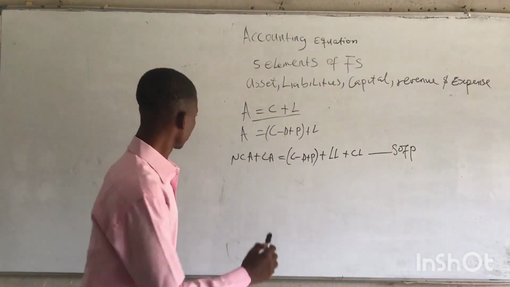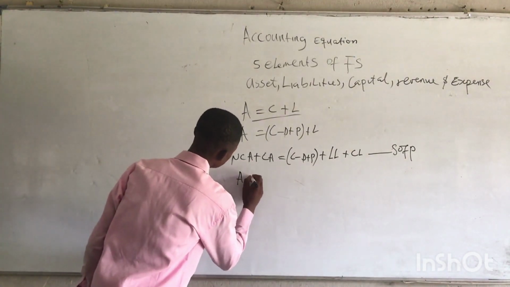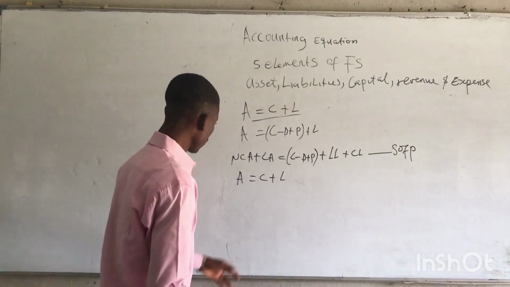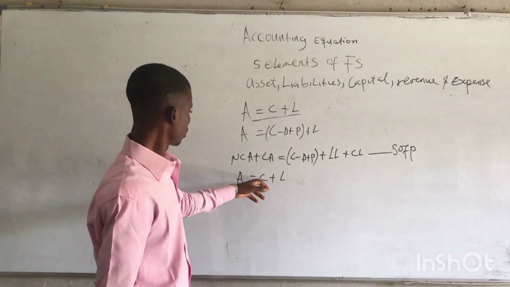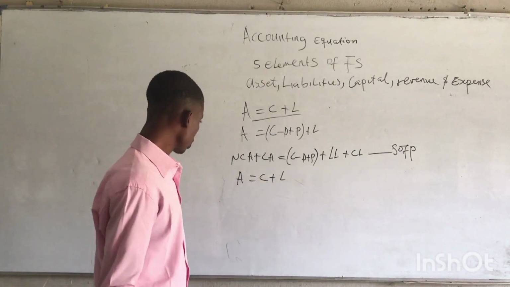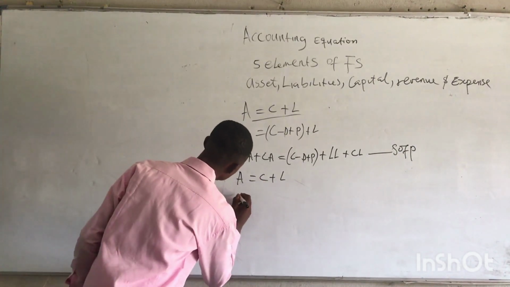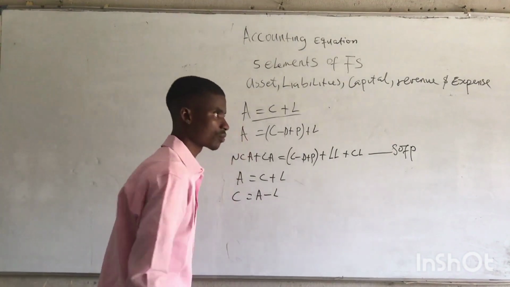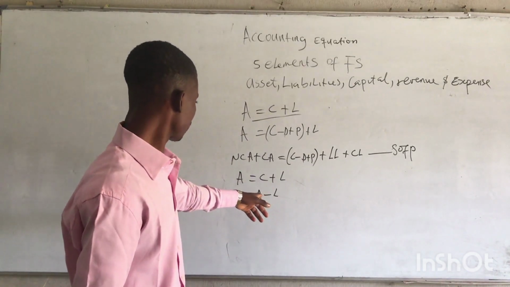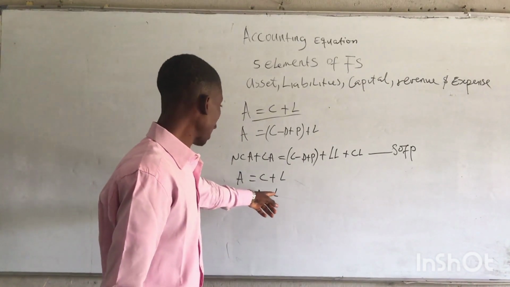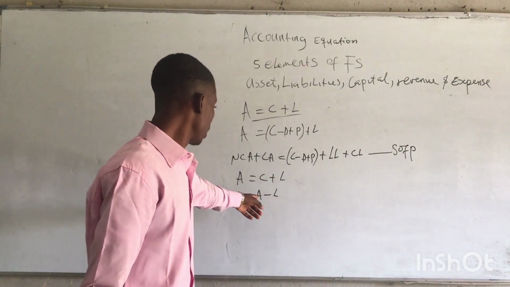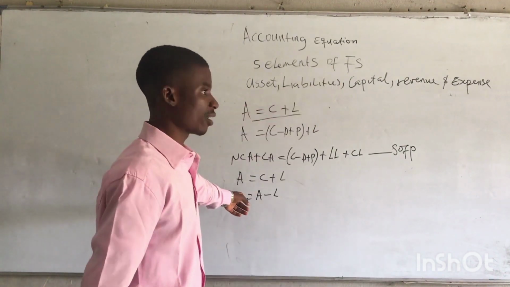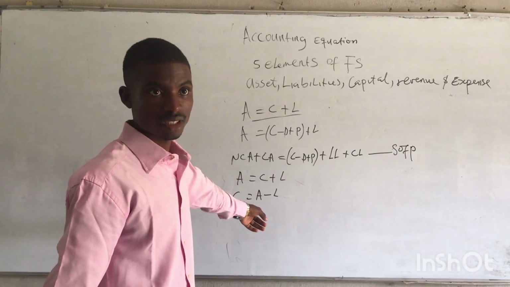For instance, if I say asset equals to capital plus liability, and I want to make the capital the subject of the equation, it now becomes capital equals to assets minus liability. What this implies is that when you take away liability from the value of the assets, it will give you the capital or the net worth of the business.